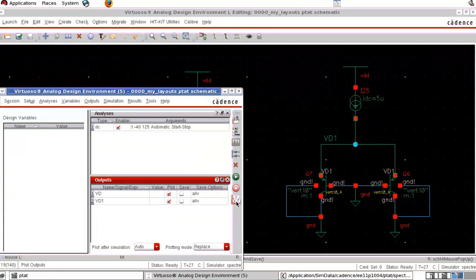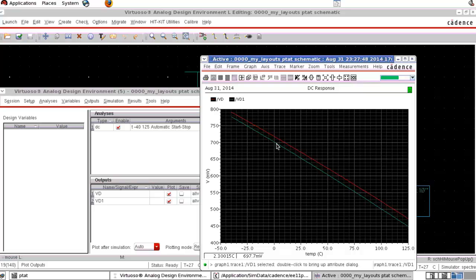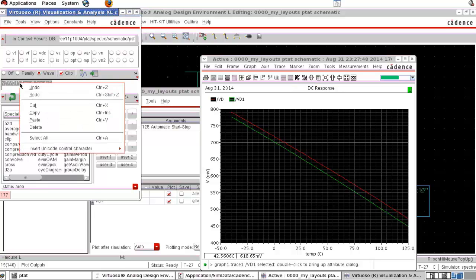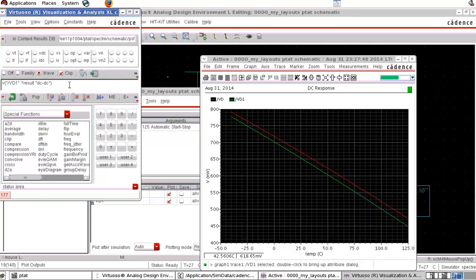For that I am making an expression. This is one curve, VD1. So we want to find VD minus VD1.